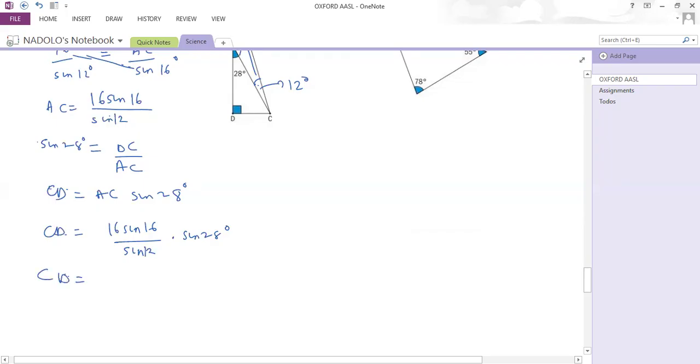So we use a GDC to do 16 sine 16 divided by sine 12, then multiply by sine 28. We'll be able to get an answer of 9.958, which to three significant figures should be 9.96.